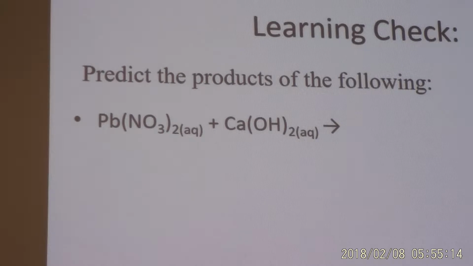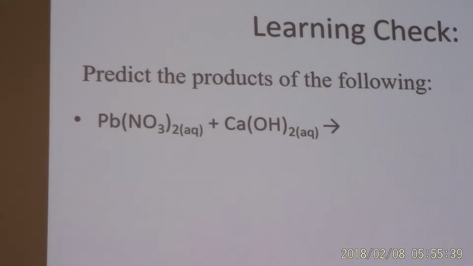Rule 3? Rule 3 talks about chlorides, bromides, and iodides, so I'm not seeing those in there right now. What does that one say? All metal hydroxides.